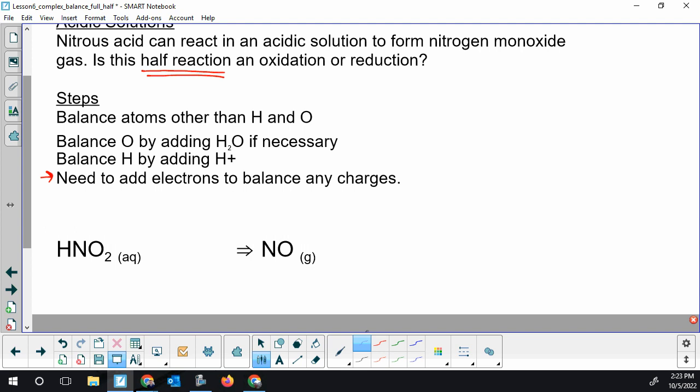So I'm going to start with atoms other than O and H. That's just nitrogen. The nitrogen atom has one at the beginning and one at the end. So I have nothing to do to fix nitrogen. It's already balanced. I'm going to balance oxygen by adding water, if necessary.